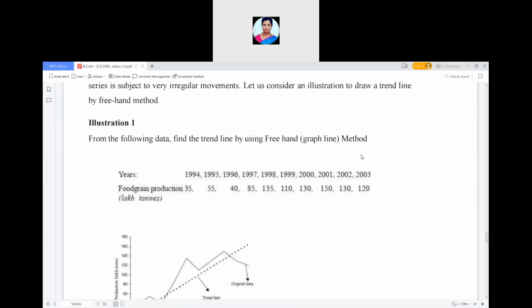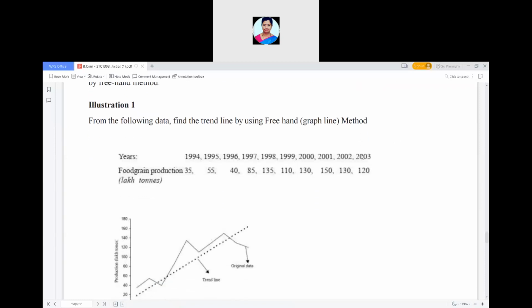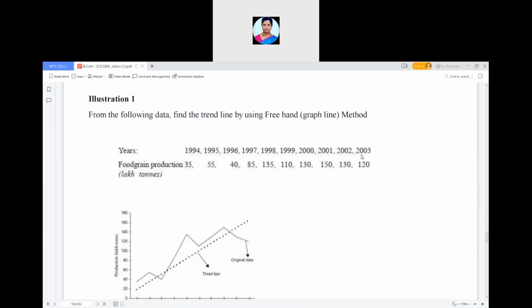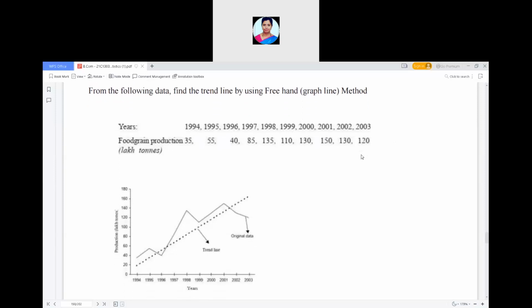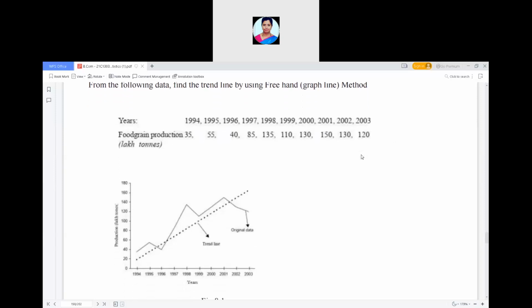How do we find the trend line using the freehand method? We take the year on the x-axis and food grain production on the y-axis. So 1994, 95, 96, all the years I am considering on the x-axis.